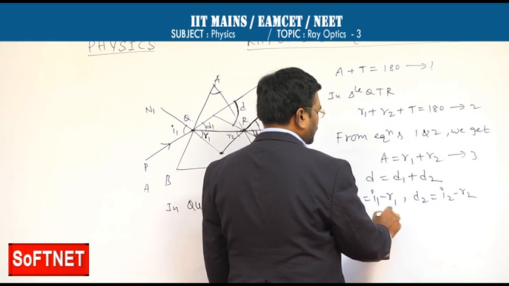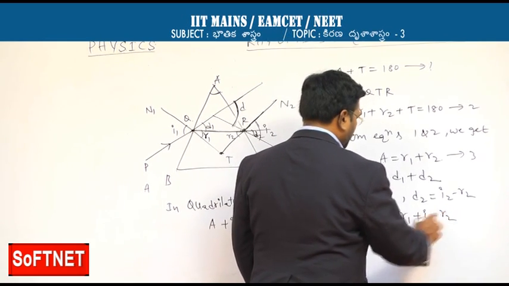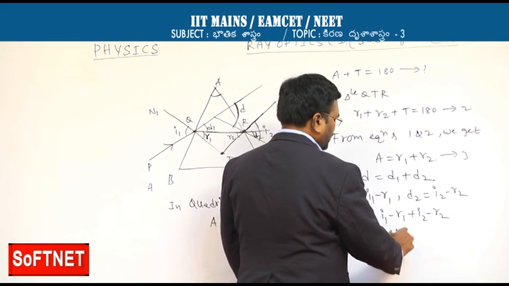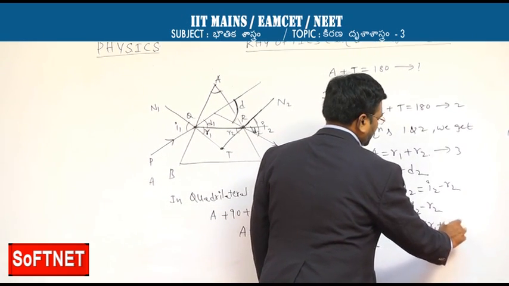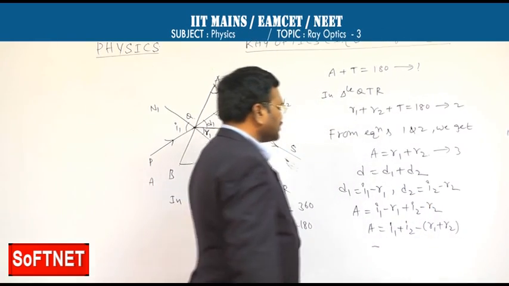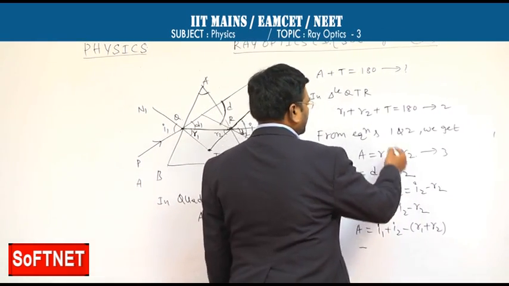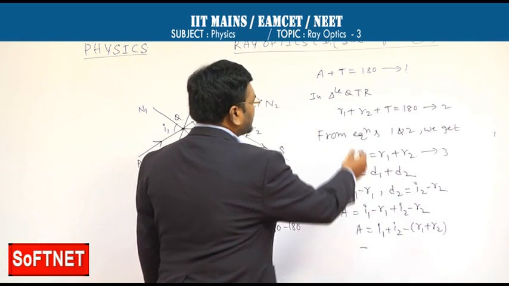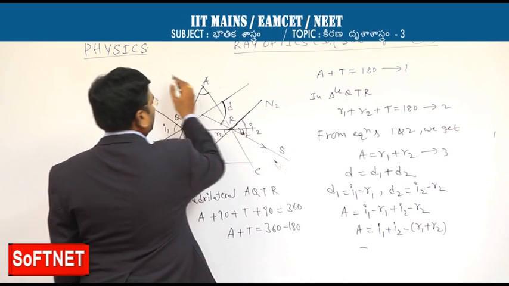So from this we substitute now. D is equal to I1 minus R1 plus I2 minus R2. From this D is equal to I1 plus I2 minus R1 plus R2. But R1 plus R2 is equal to what? A. Here R1 plus R2 is equal to A from equation 3.